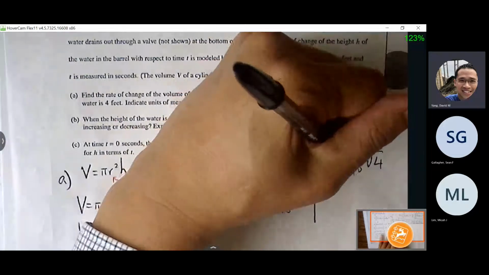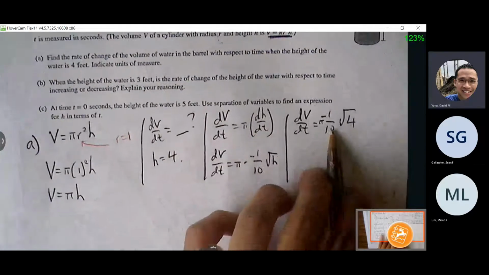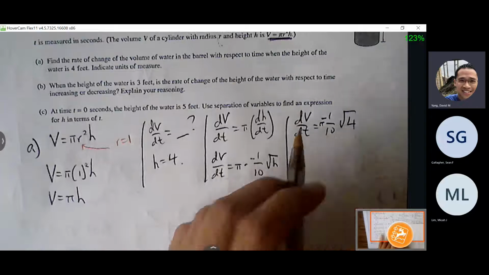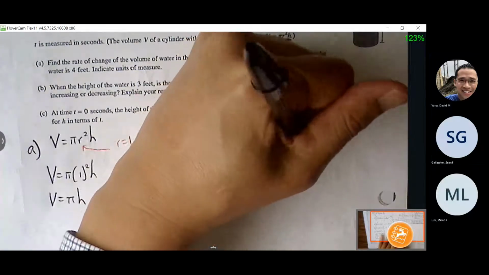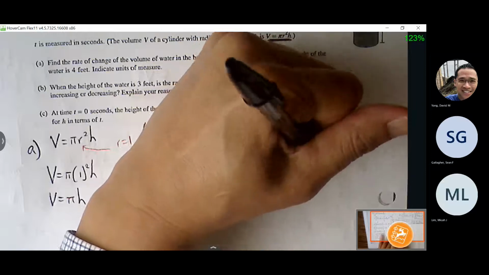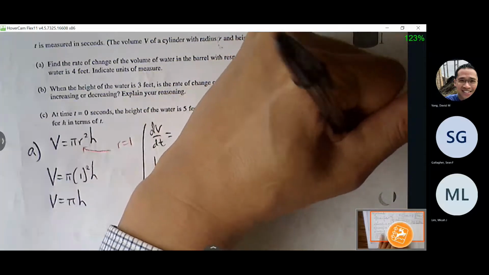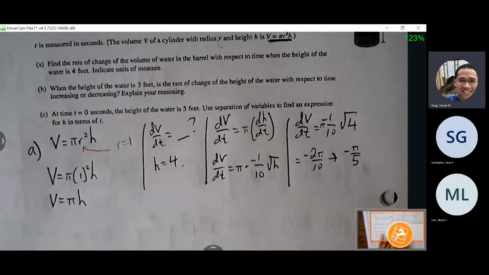I don't want to forget about the pi here. So root 4 is 2, negative 2 pi over 10, which reduces to negative pi over 5. And we're talking about volume and time, so cubic feet per second.